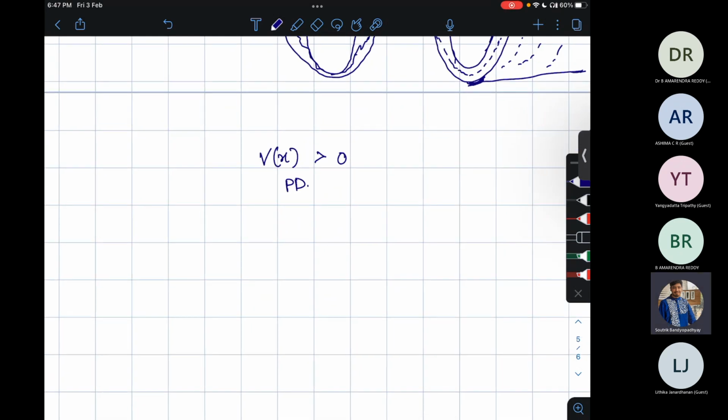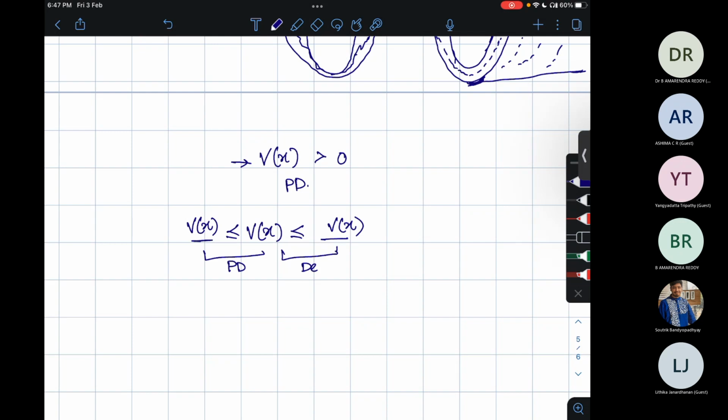So if it is not dependent on time t, you can find two functions which are like this, and those are essentially exactly v of x. So any Lyapunov function which is positive definite, mind you, is itself positive definite and decrescent, right?